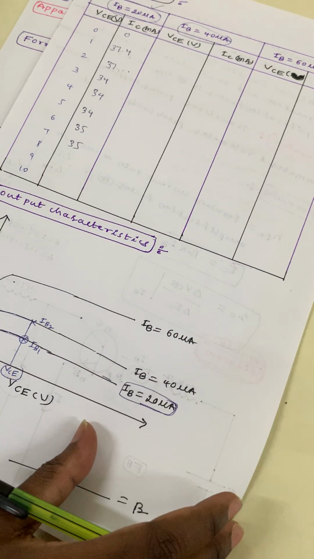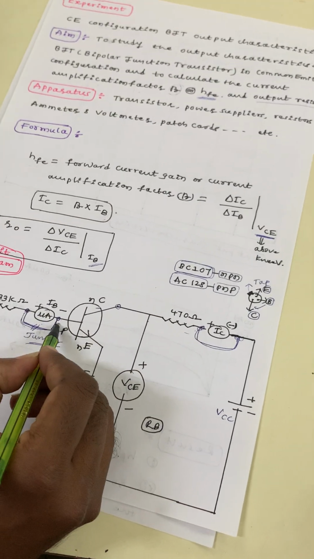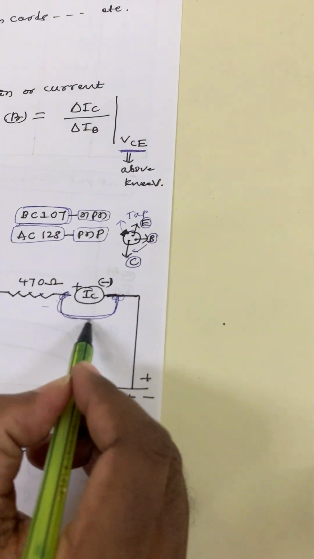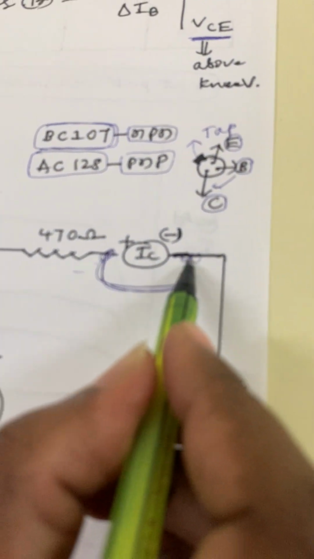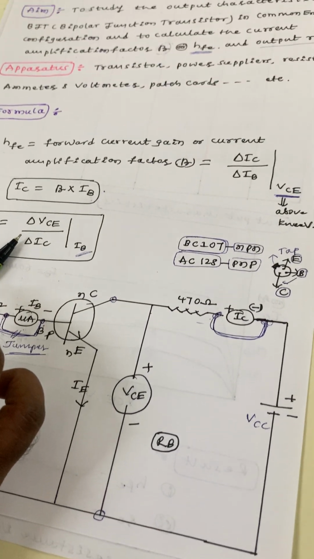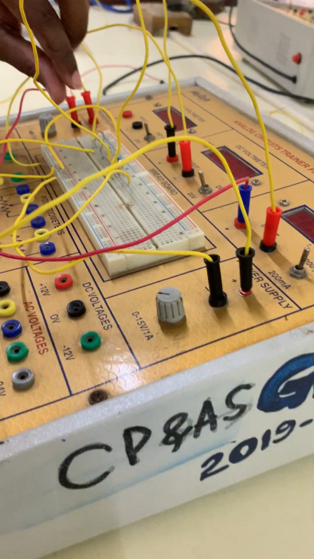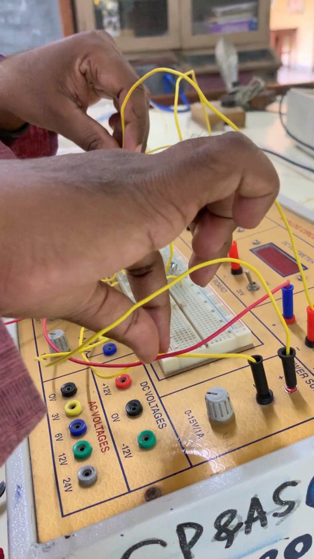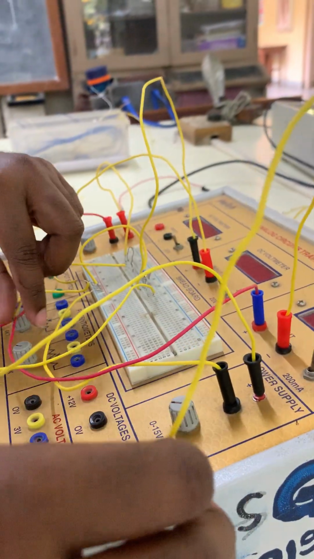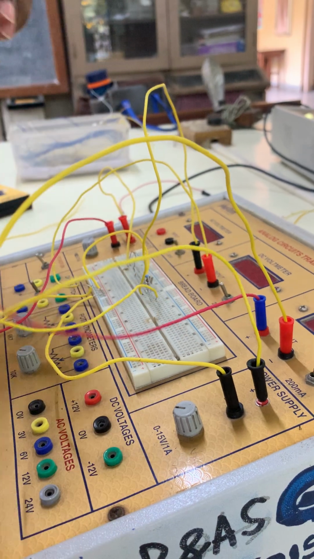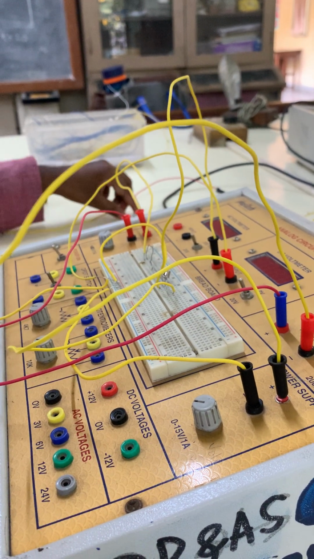So now you have to take this IB, you remove this IB from here, and you have to keep the ammeter here. So take one jumper. So what jumper we are taking, this IB I am removing from the base. From this you have to remove it. You keep that jumper.